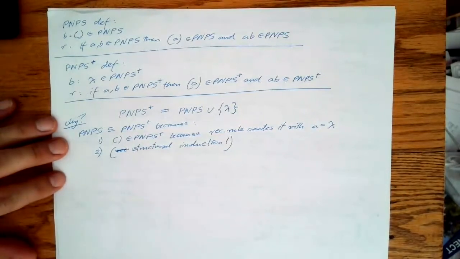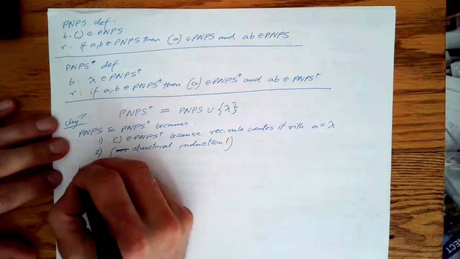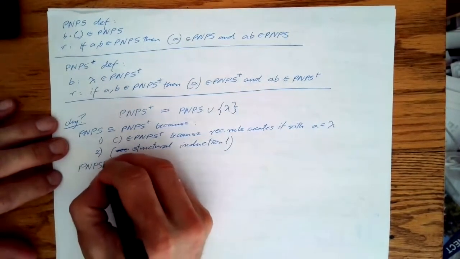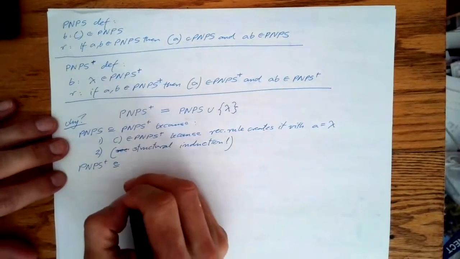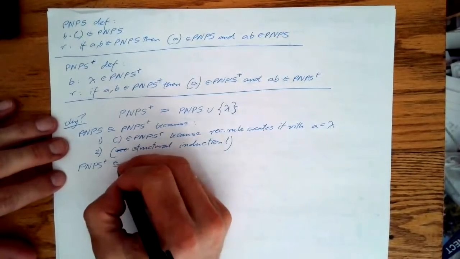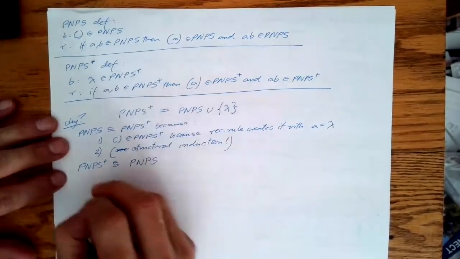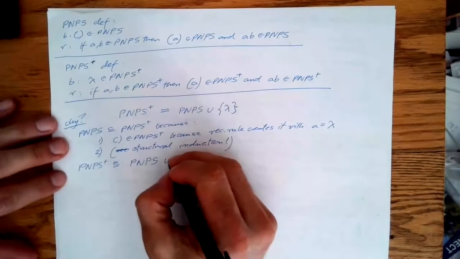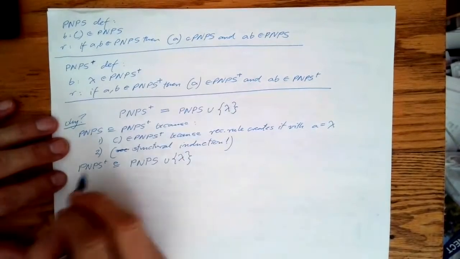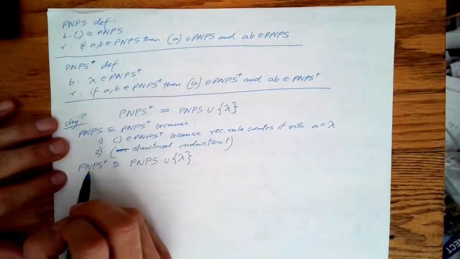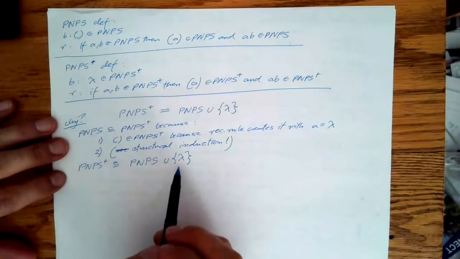That's the end of this argument. And also PNPS plus is in PNPS, and you can reverse this argument and basically show that the only thing that is missing in here is an empty string.